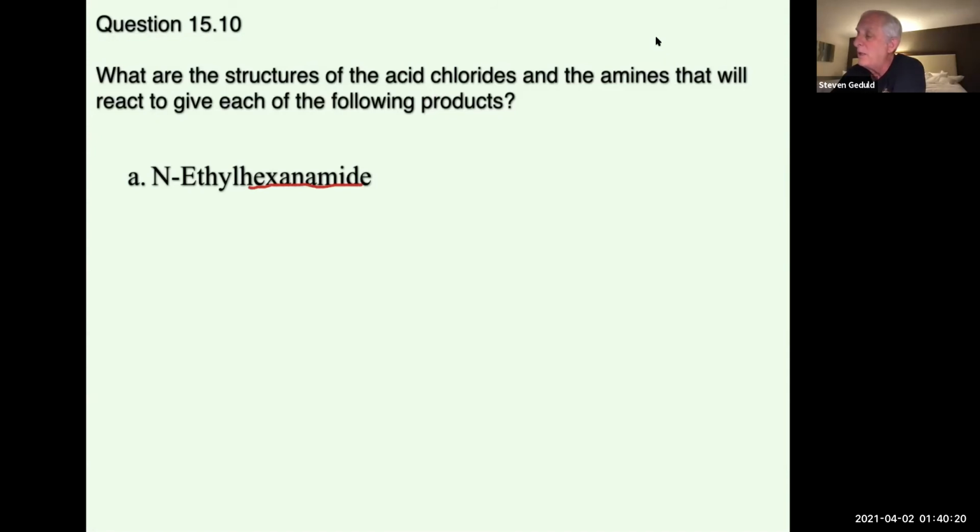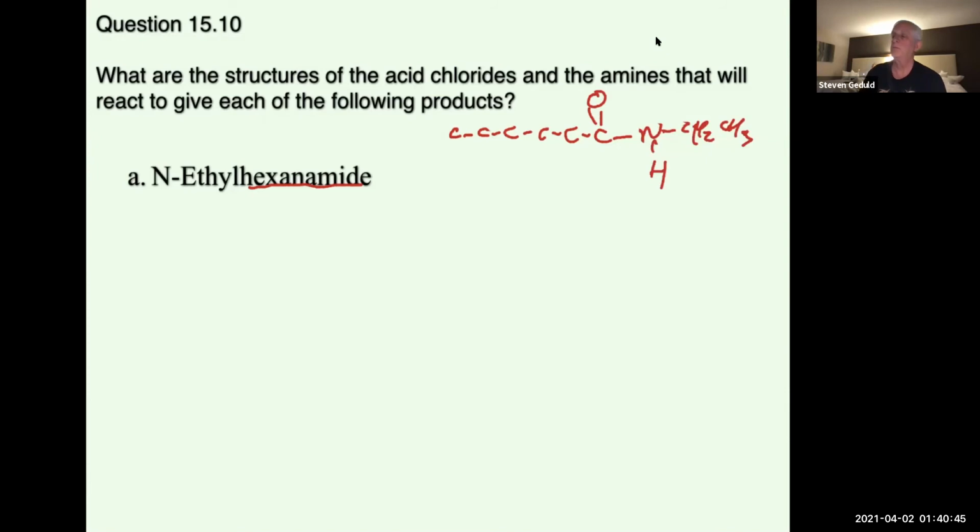So it'd be 1, 2, 3, 4, 5, 6 carbons. There's your nitrogen, and we have 1 attachment that's an ethyl group and a hydrogen. That's N-ethyl hexanamide.